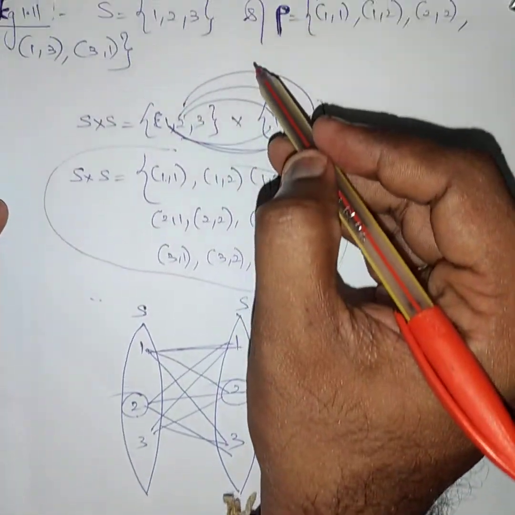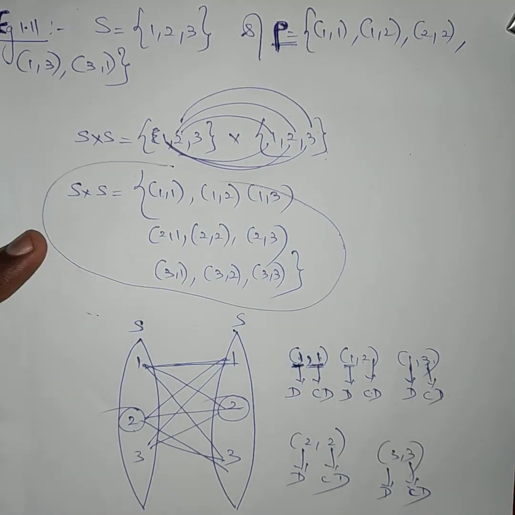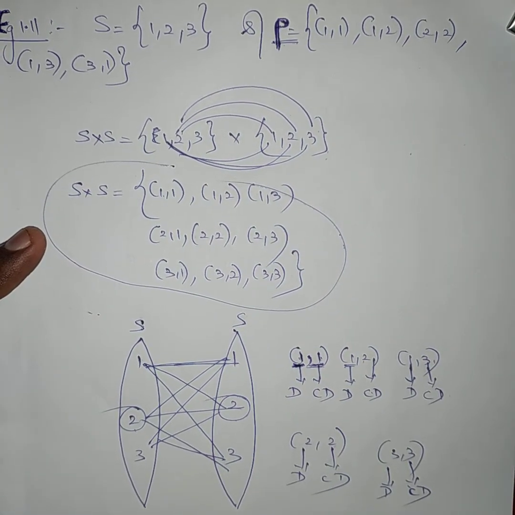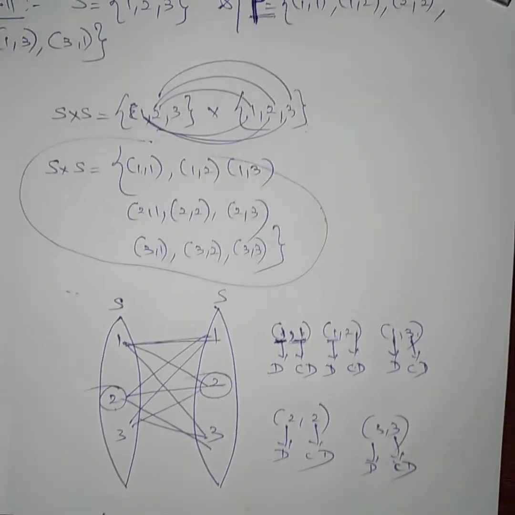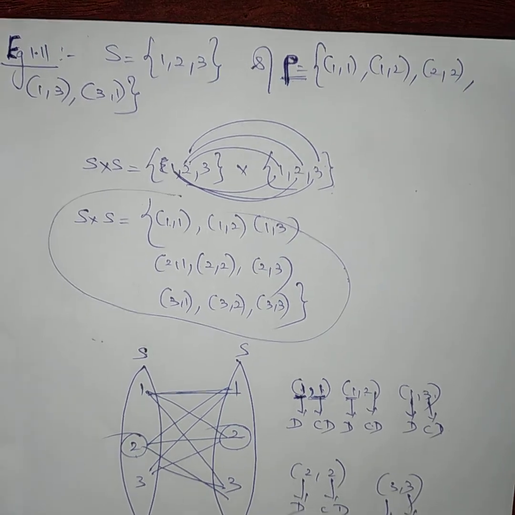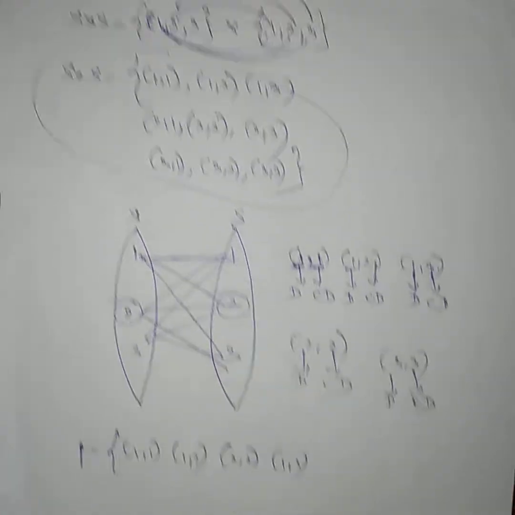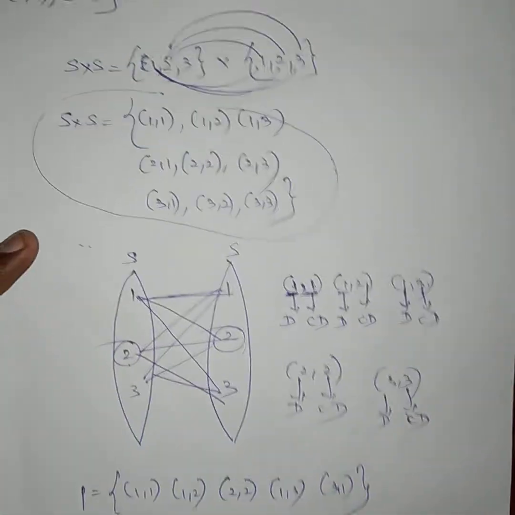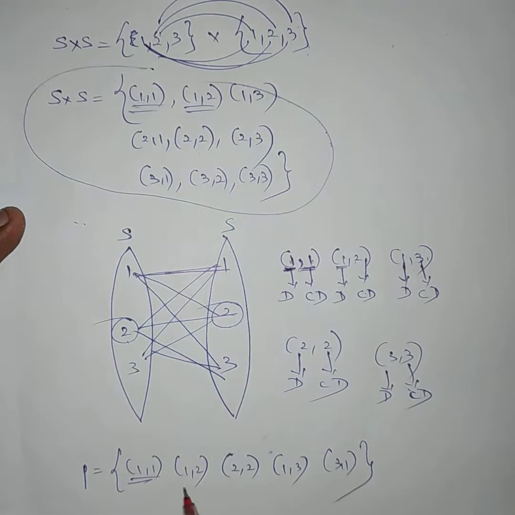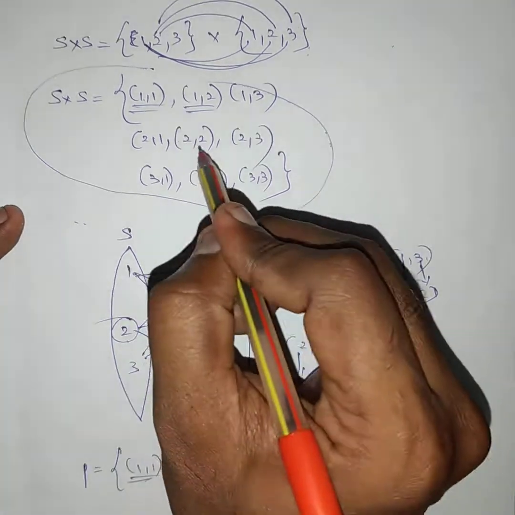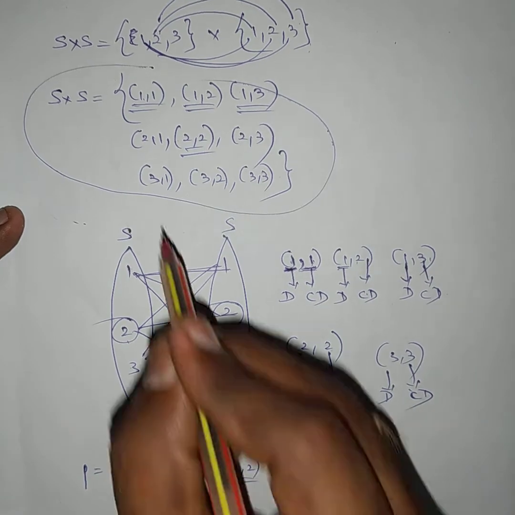In this Cartesian product, they choose only particular ordered pairs, which is rho. What have they given here? (1,1), (1,2), then (2,2), (1,3), and then (3,1).